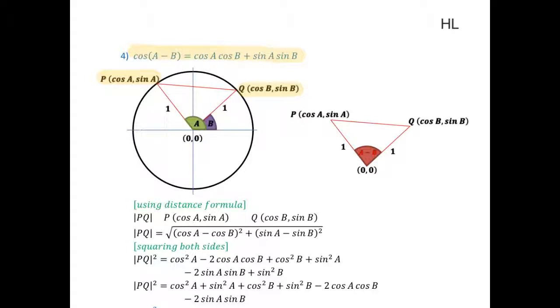So that means that this angle here is the angle B, shown in purple, and shown in green here is the angle A.